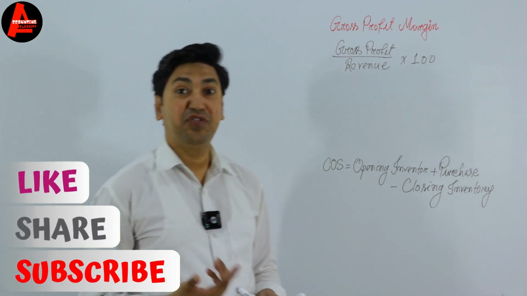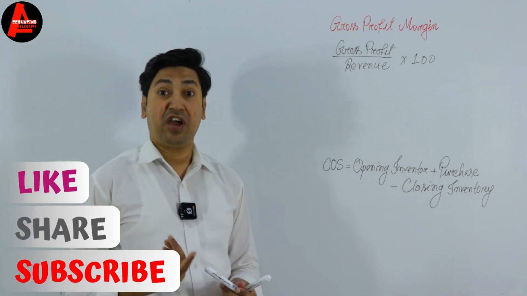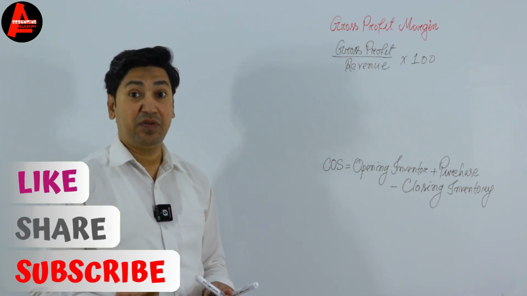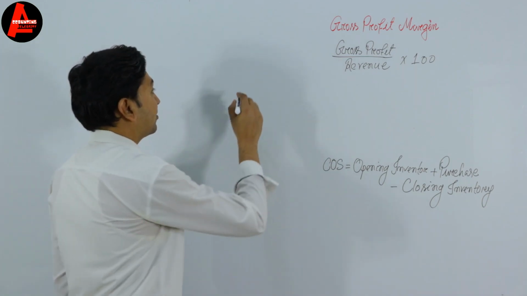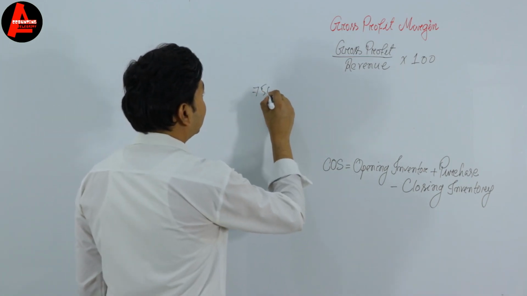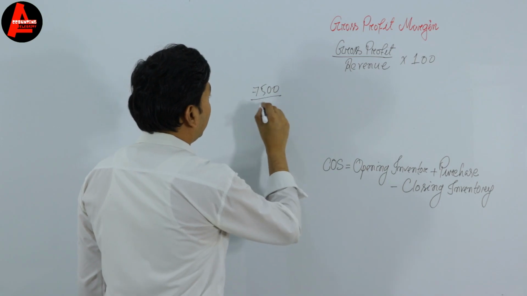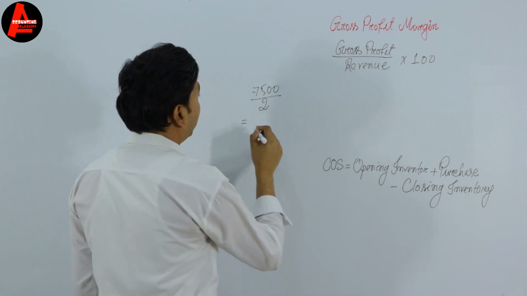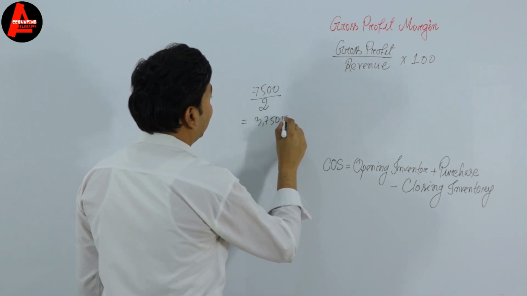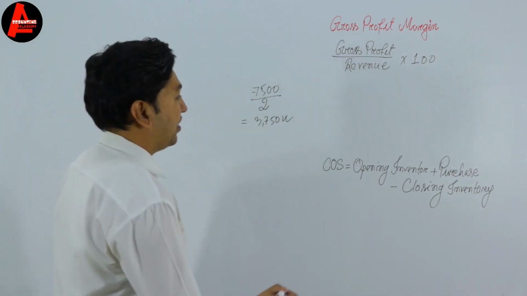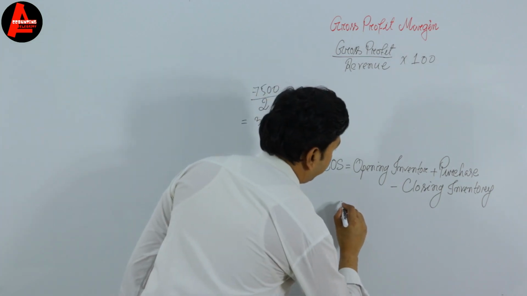So if we divide 7,500 by 2, we will find our opening inventory. Opening inventory will be half of the closing inventory, so here $3,750.